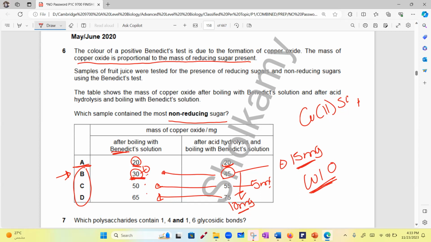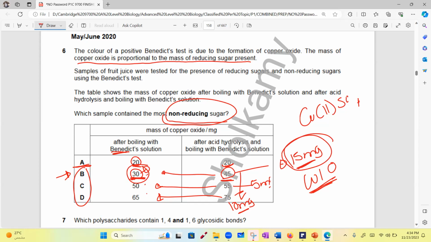And then I want to see if I have non-reducing sugar or not. I will boil with HCl so that it will hydrolyze any non-reducing sugar. And then I'm going to neutralize it first before I carry out the Benedict's test again. Now it will give me a total of 45 milligrams of copper 1 oxide. The first 30 was because of the reducing sugar. So the excess was because of the non-reducing sugar.